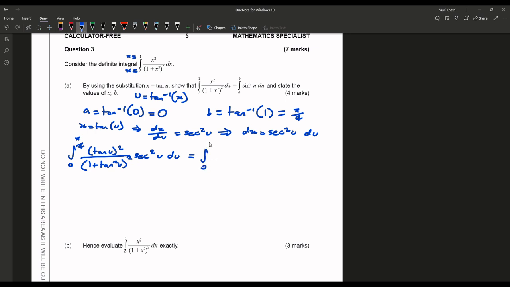So we've subbed everything in, and now we've just got to simplify to get to this. We've got the integral from 0 to pi over 4 of tan squared u secant squared u over 1 plus tan squared u, all squared. Now 1 plus tan squared u equals secant squared u, and since that's being squared, that's going to equal secant to the power of 4u.